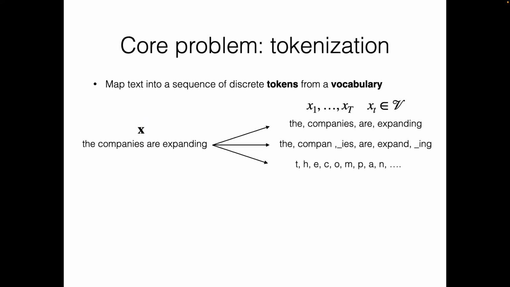And so the core problem related to this, and you have to think about this in state-of-the-art models too, is how you do what's called tokenization. Tokenization means you want to map this sequence of data, or this raw data, which here is some text, into these discrete tokens from some vocabulary.